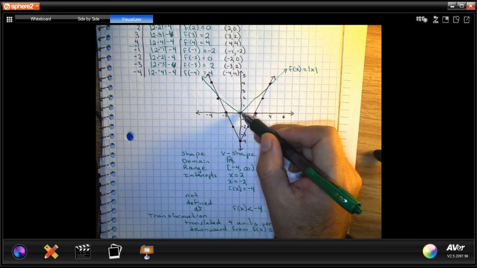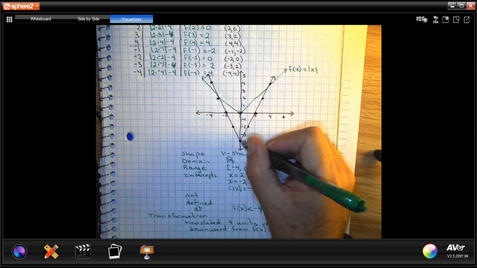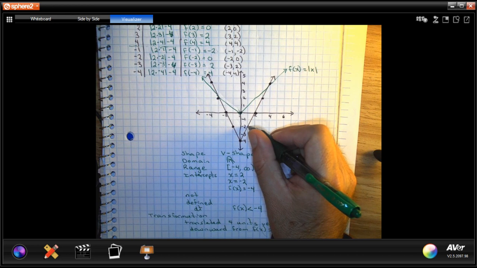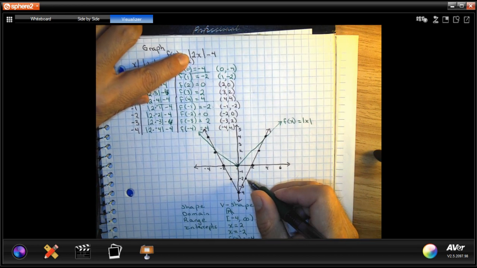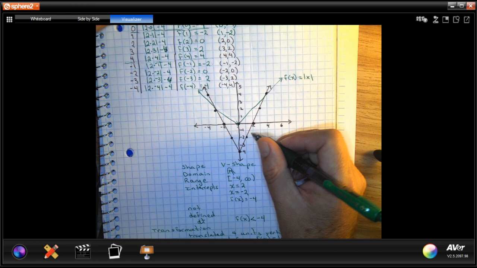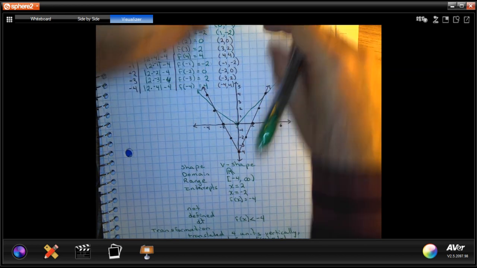But also, instead of going 1 up and 1 to the right, now it's going 2 up and 1 to the right. So what we have here, if you notice, is that it got stretched.